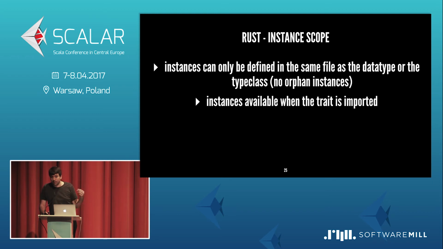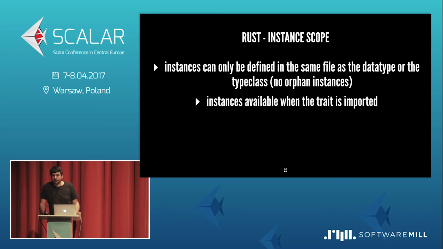And here I should point out, type classes are essentially a first-class feature in Rust as well. They are not called type classes in Rust, but they essentially are. And so we cannot have Orphan instances. And instances are always available once we have imported the trait that represents the type class.